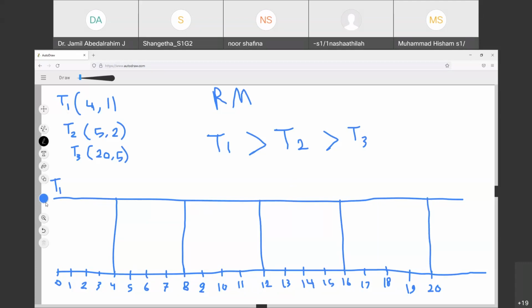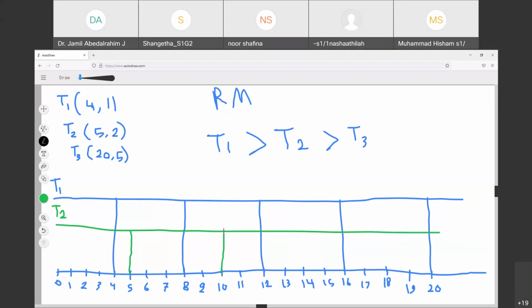For the next task, try to use another color. The next task based on priority is task 2. The period is 5, so define each period. This would be the first period of task 2.